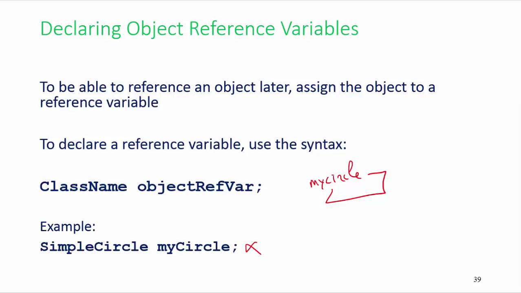Let's represent a reference with a Greek letter, alpha, and that reference value refers to an object somewhere in memory, with its own radius field.